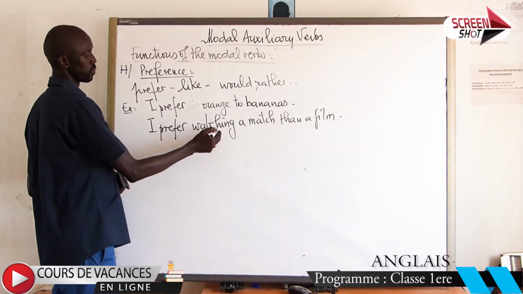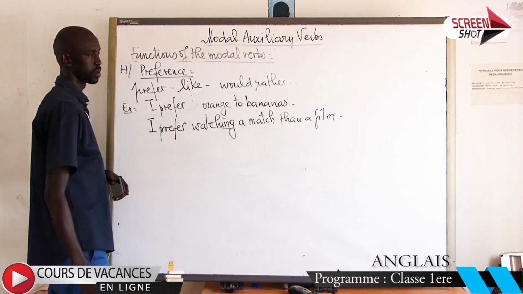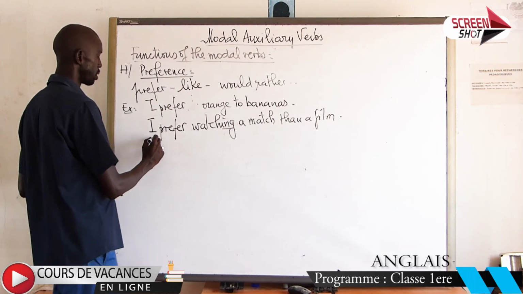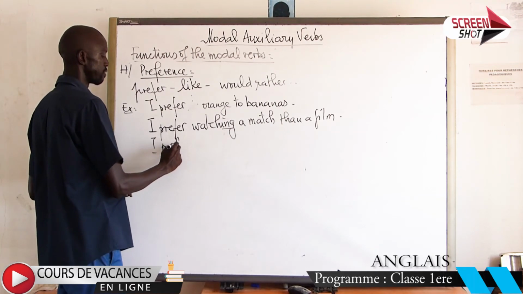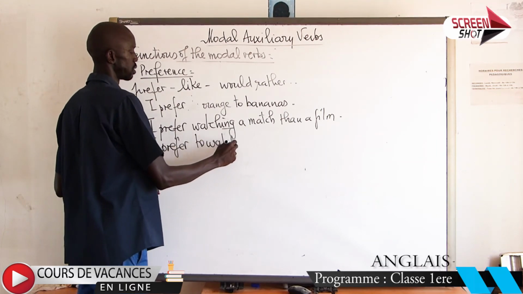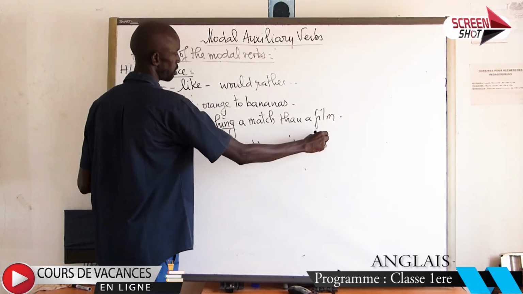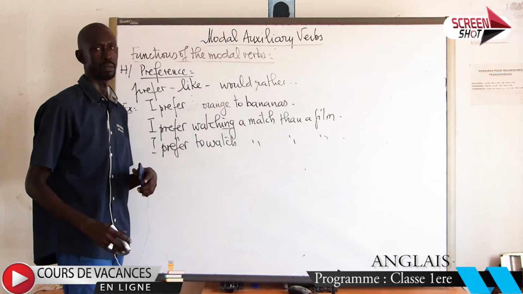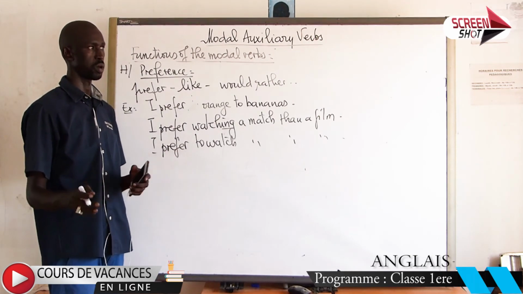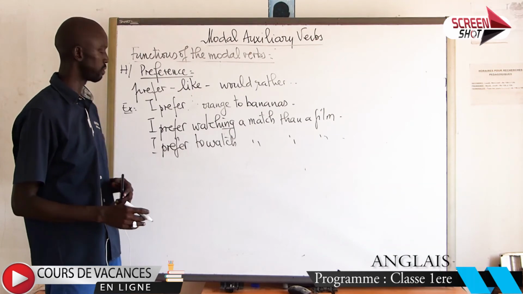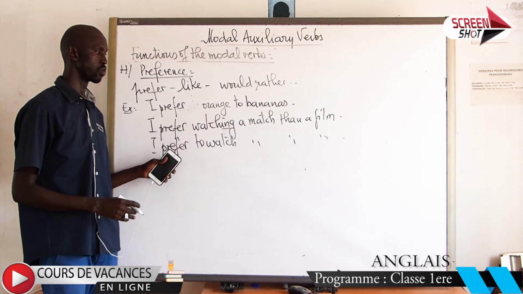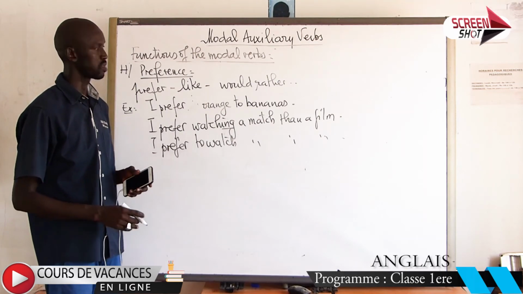After prefer, we can use the gerund. It's possible also to use the infinitive form. "I prefer to watch a match than a film," because there are some verbs that accept the two forms, gerund or infinitive. I prefer watching a match, or I prefer to watch a match. All these are the same.